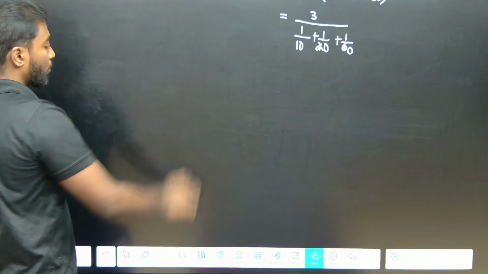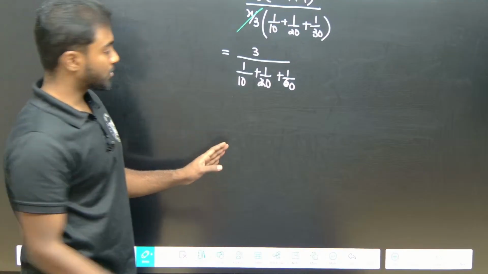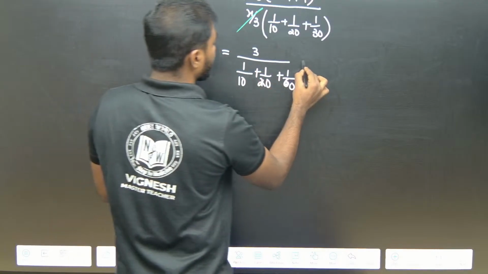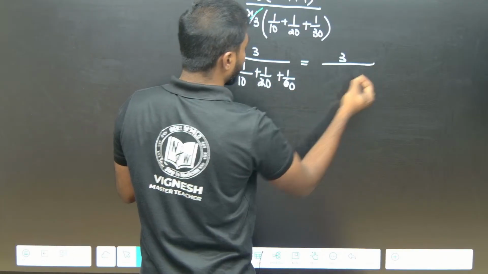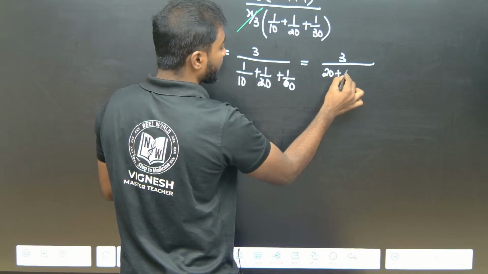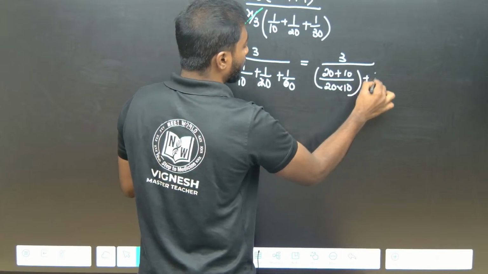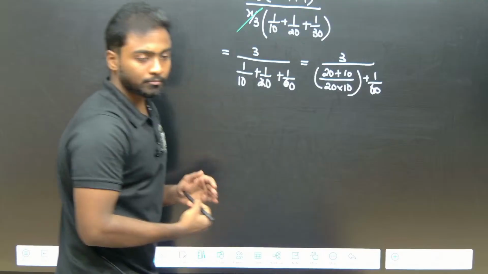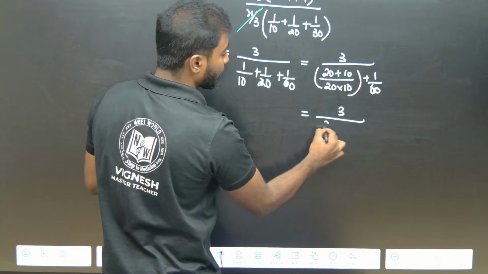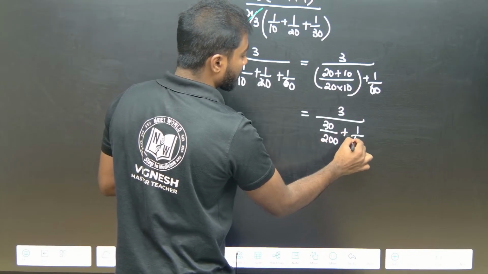Now what can we do over here? First let me take this value and cross multiply this. So it is 3 divided by, cross multiplying 20 and 10, 20 plus 10 divided by 20 into 10, plus 1 by 60, right? So it is 3 divided by 30 by 200 plus 1 by 60.